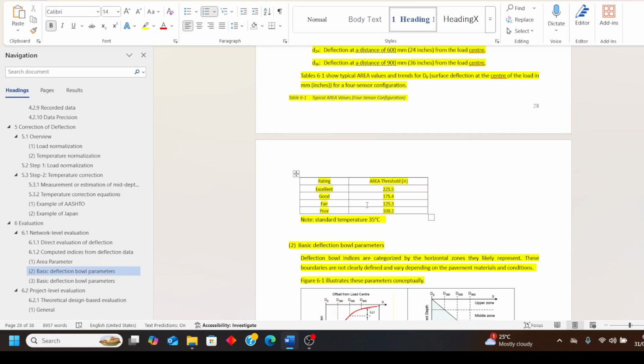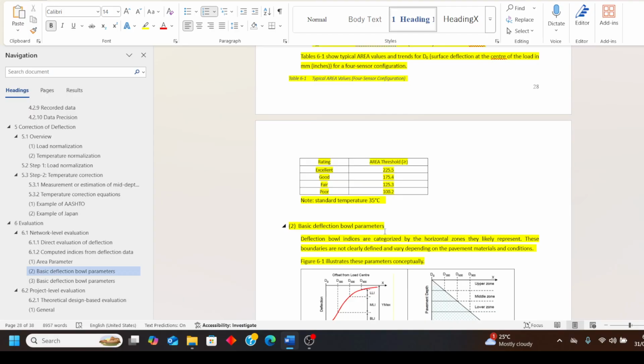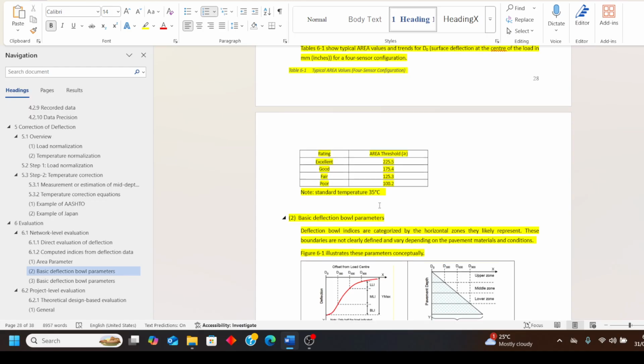This allows quick categorization without detailed back calculation. The output is condition ratings for thousands of kilometers, which can be further fed into the PMS system of RAMPS to get further results.